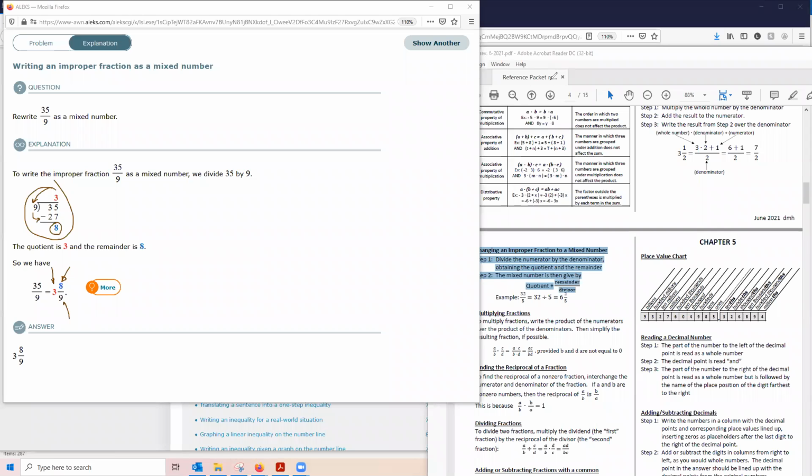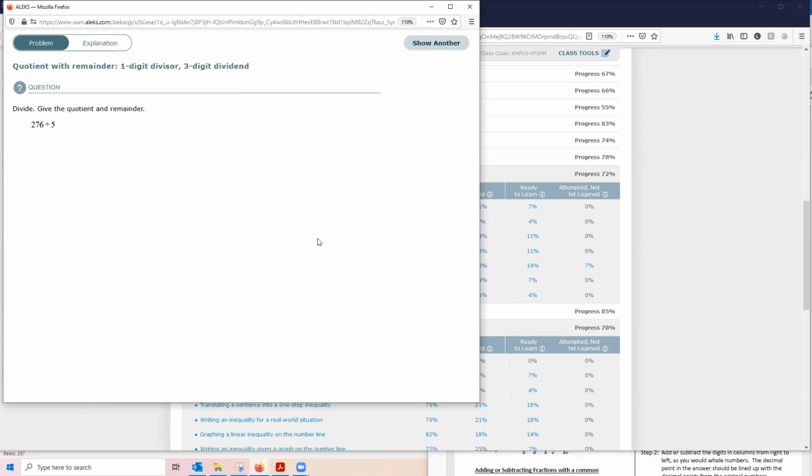All right, let's go to another topic. All right, this one's asking you to come up with the quotient and the remainder. When they say the quotient, they really mean the whole number answer when you do the division.